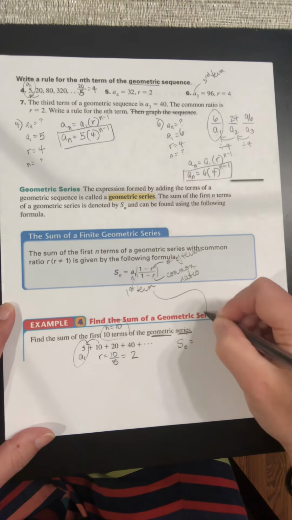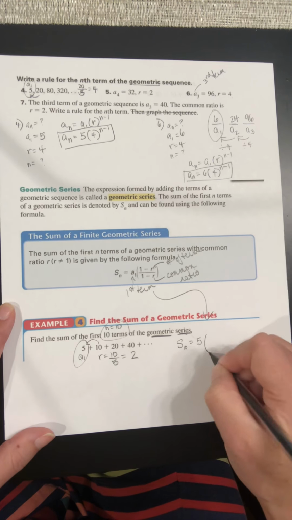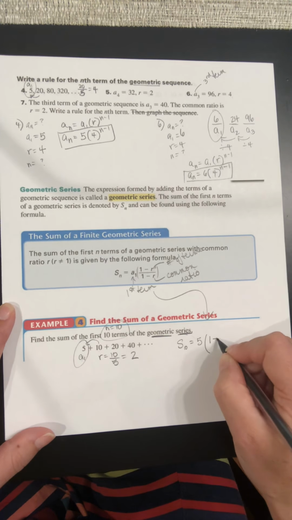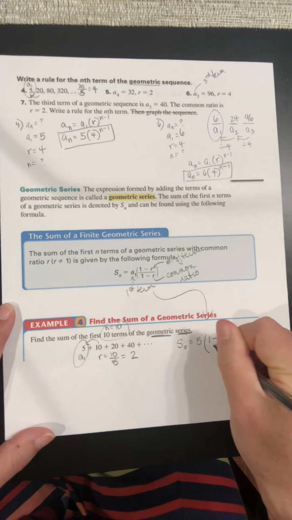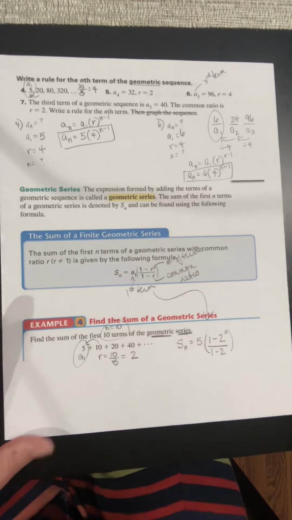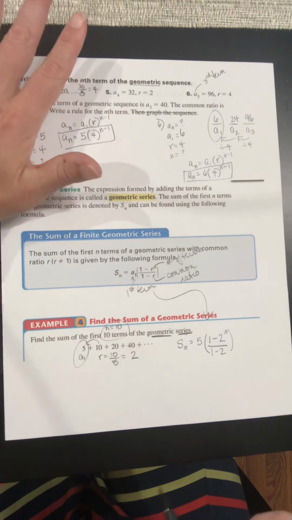So I'm just using our formula, equals a sub 1, which is 5, times 1 minus 2 to the n, so that's 10, over 1 minus 2. Now, I highly suggest you do this in steps, okay?